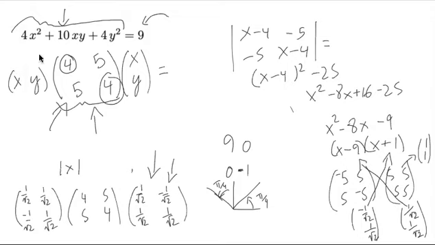As we think about it, we started out with this matrix, 9, 0, 0, negative 1, which, if it replaced the matrix up here, would look really nice: 9x squared minus y squared.